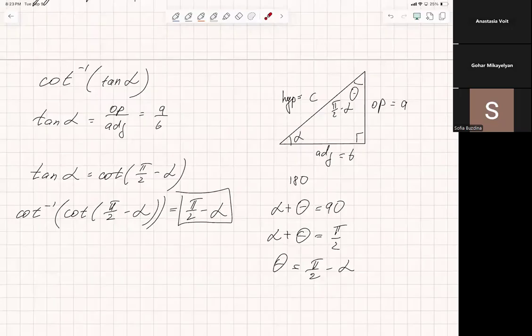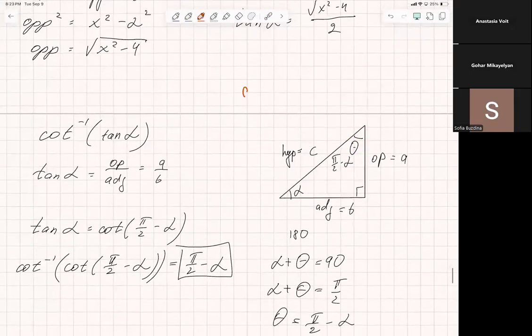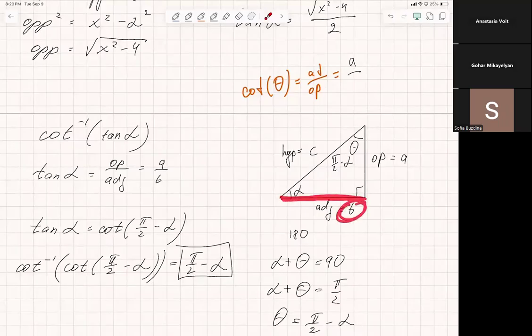Also, if you look at this from another perspective, let me write it. Cotangent of theta, what does it equal to? It's adjacent over opposite. But if we're looking at theta, the adjacent would be this side, which we call A, over the opposite, which is this side, which we call B. The marking before was for alpha; for theta it would be the opposite of that.